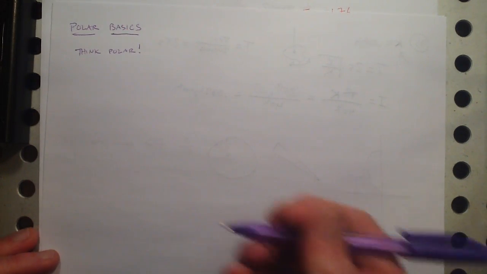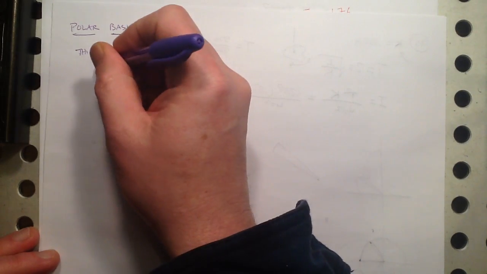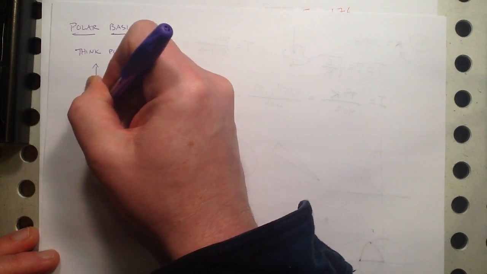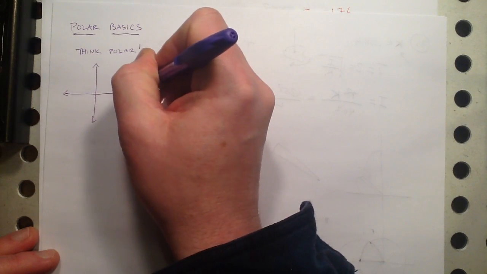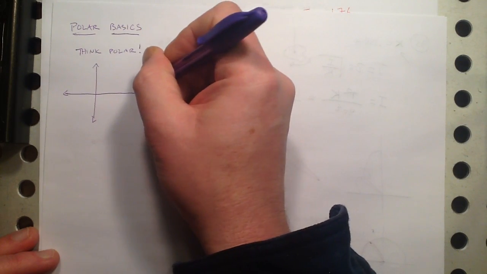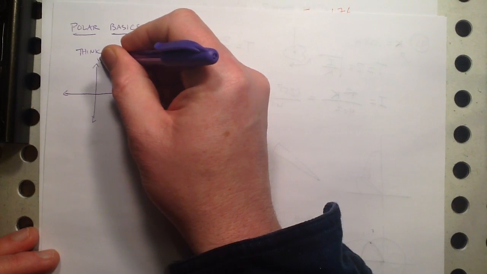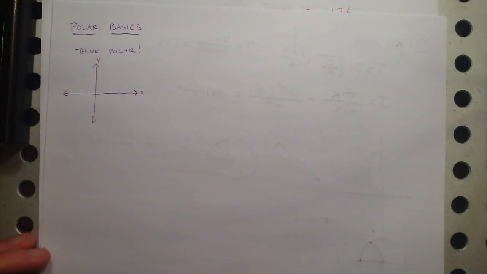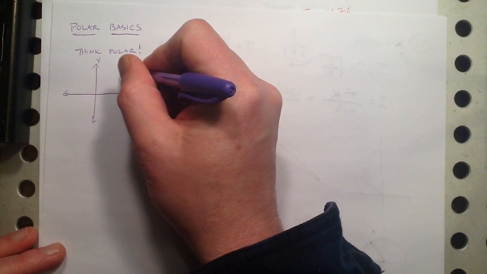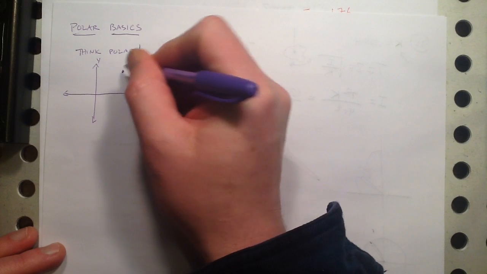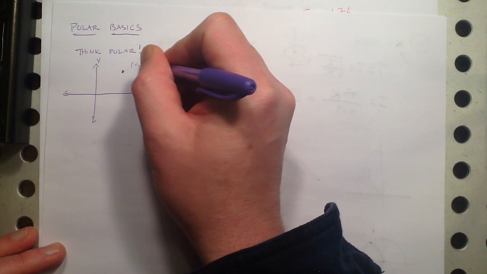So the very, very basics are, we are so biased because of our math training that the way you locate something in two-dimensional space is by an ordered pair, a point that you might call x comma y. And that's how we think.